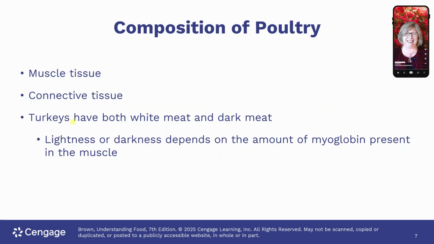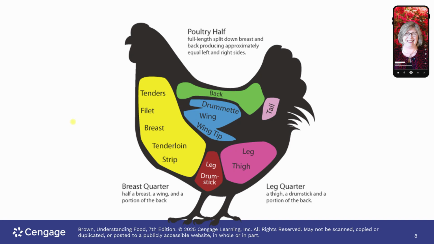The composition of poultry: turkeys have both white meat and dark meat. Lightness or darkness depends on the amount of myoglobin present in the muscle. Here we have a diagram that shows you the part of the chicken or poultry that various cuts come from. So if you go to the store and you buy chicken, you'll buy it by cut, or you can buy a whole bird.